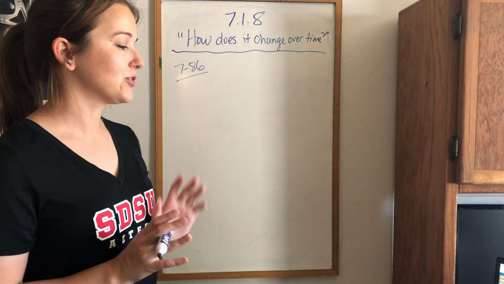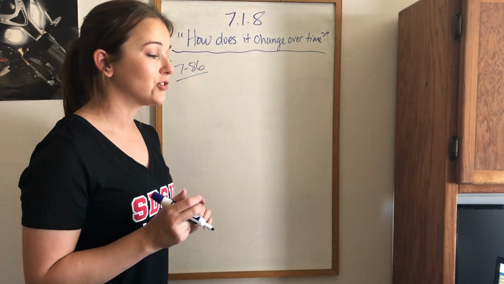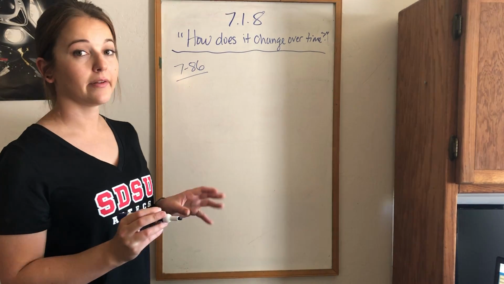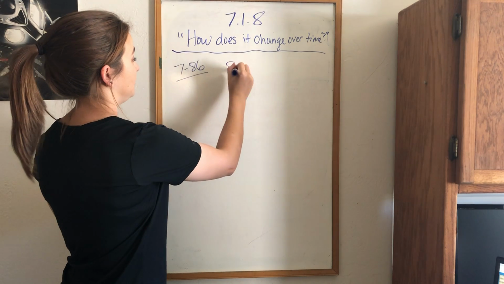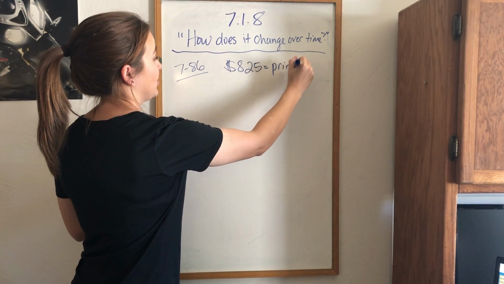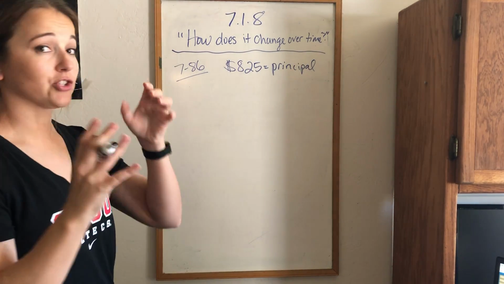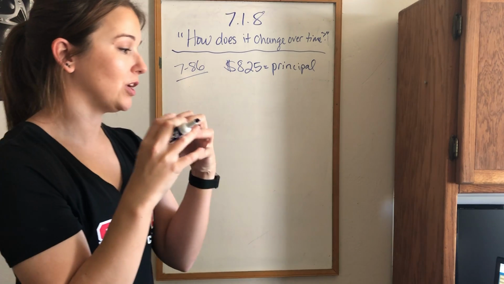So Ms. Becker, the student council advisor, explained to the students that the amount of the loan, $825, is called the principal amount. The principal is the initial loan amount. Initial, like the first loan amount.